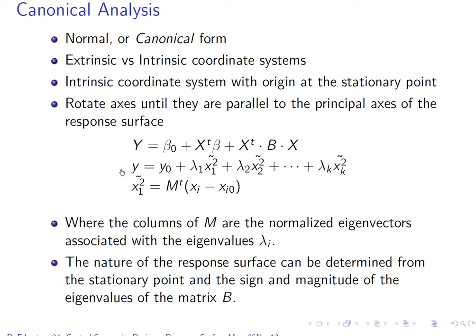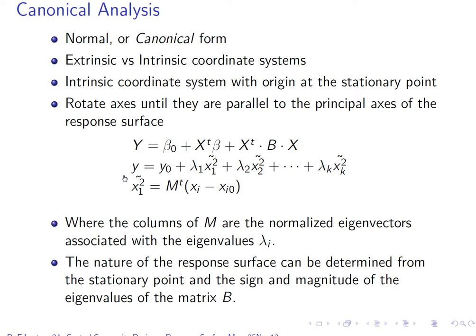Now, the one thing that I mentioned, but I wanted to reinforce, here's our model in the intrinsic coordinate system. And I want you to notice one thing, that this representation does not have the first order terms. This has purely the intercept term and the second order terms, right? Some of the second order terms, but not all.